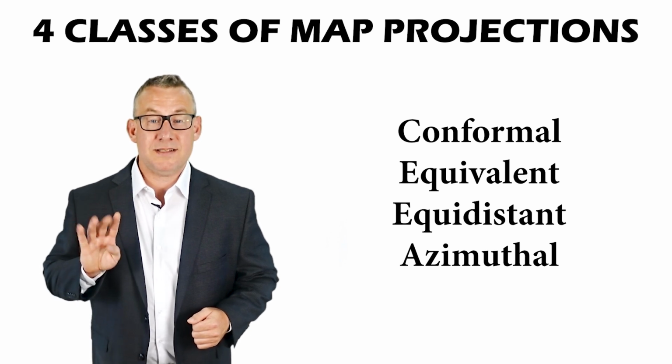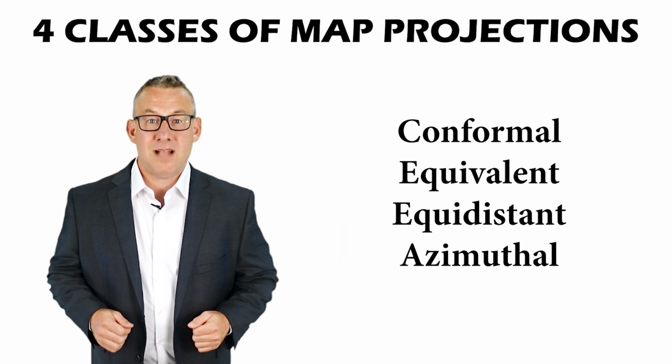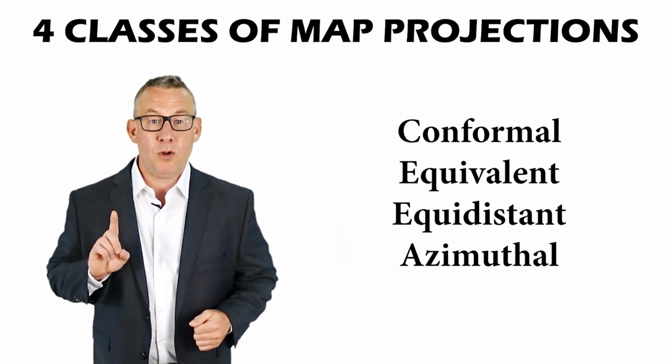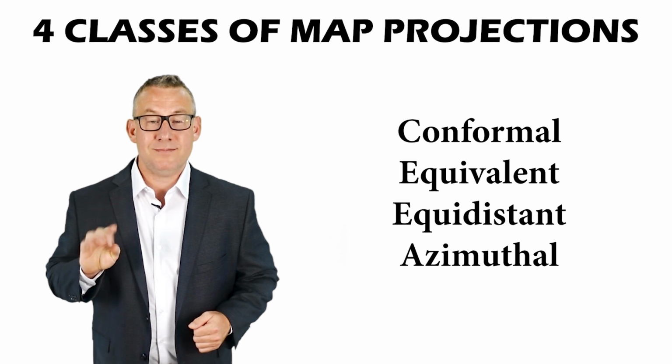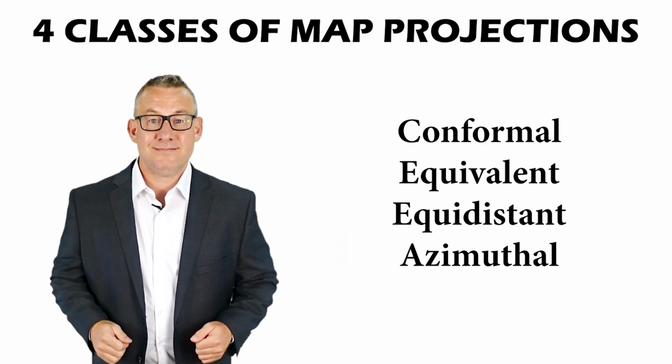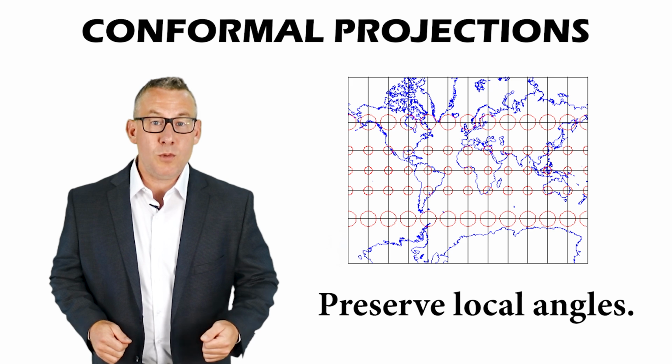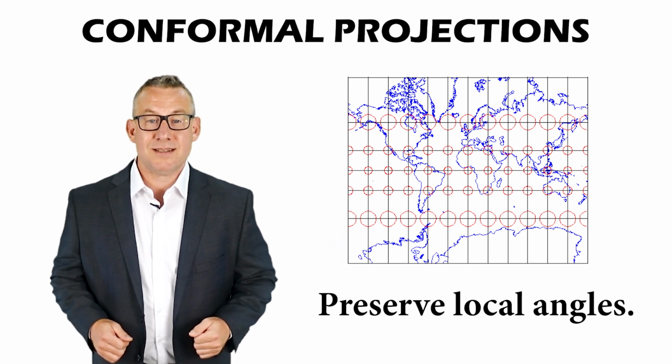There are 4 classes of map projections. The 4 classes of map projections are conformal, equivalent, equidistant, and azimuthal. Conformal projections preserve local angles.